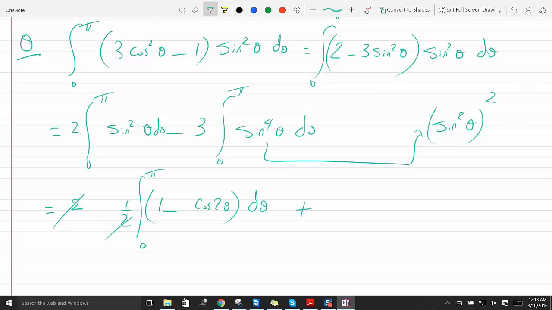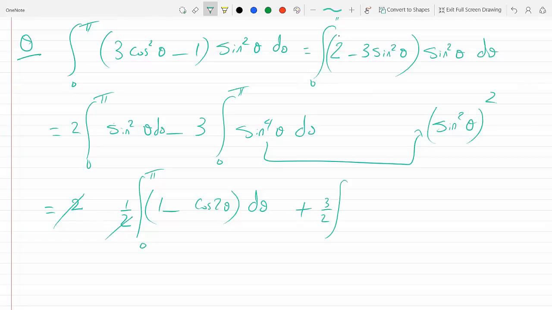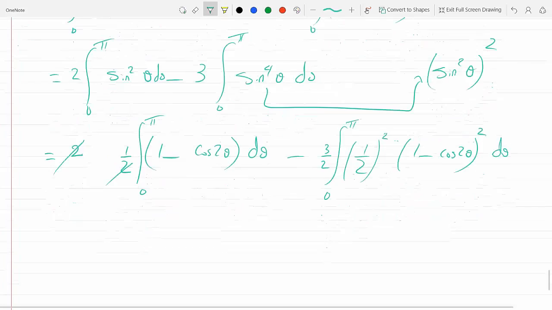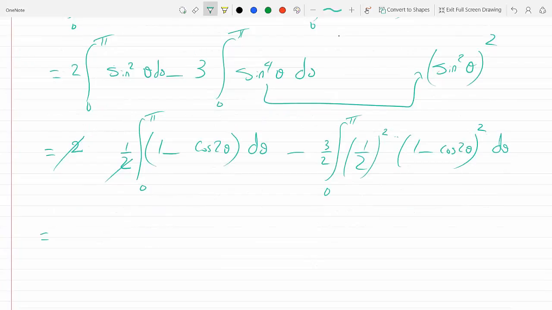So this becomes 3 over 2, minus, and then sine squared is the same thing, 1/2, but this is squared, 1 minus cosine 2 theta squared, d theta, from 0 to pi. So if we integrate the first one, this is theta minus sine 2 theta over 2, chain rule, from 0 to pi.